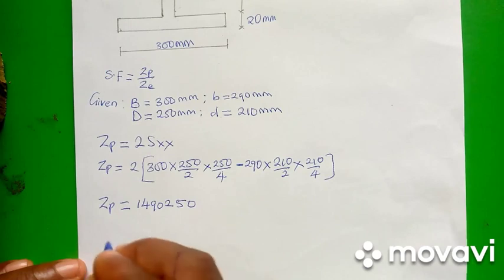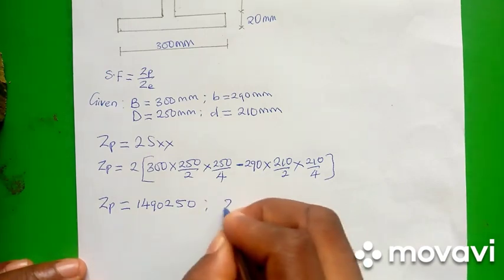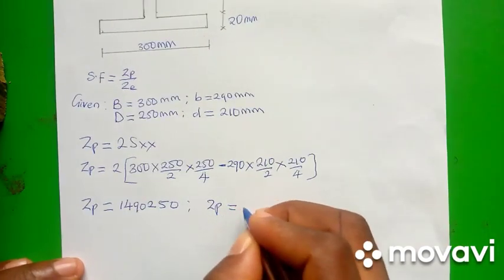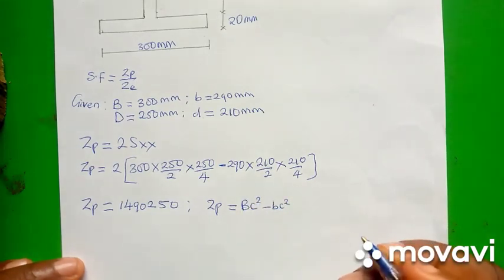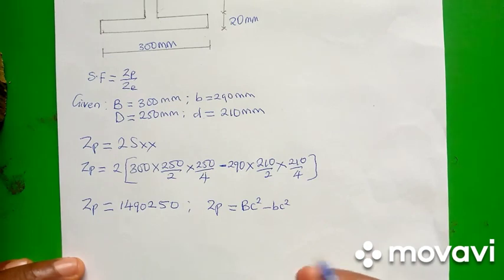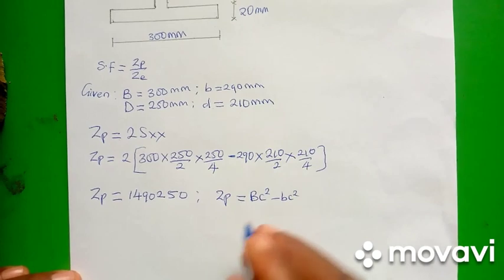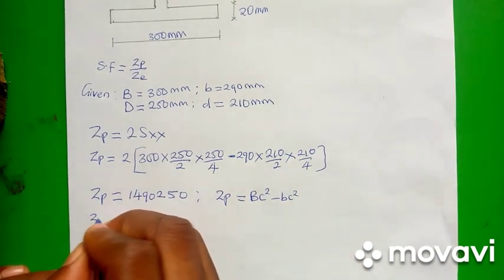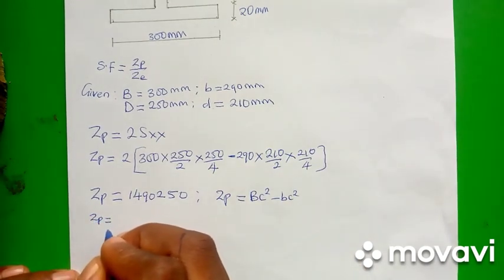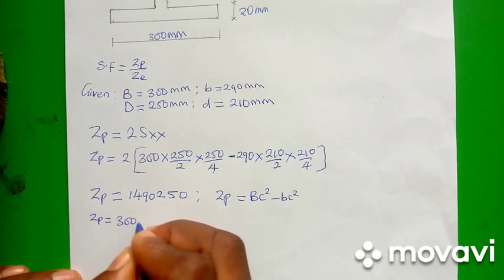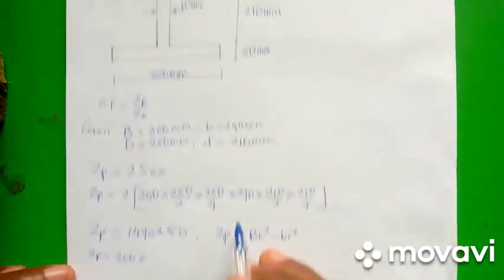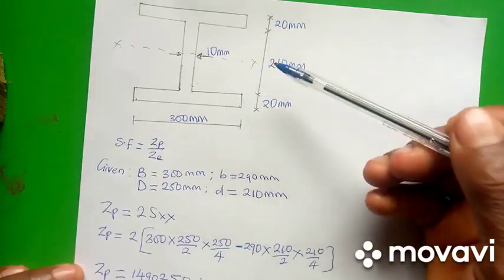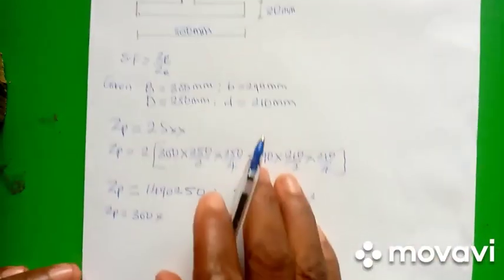Alternatively, you can use that Zp is equal to BC squared minus small letter bc squared, where you already know the value of your BC, both the small letter and the capital letter. So solving with that, you have that Zp is equal to the capital letter B is 300 multiplied by this c, the centroid. So when you consider the whole shape, the centroid will be at the center, which is 250 over 2.